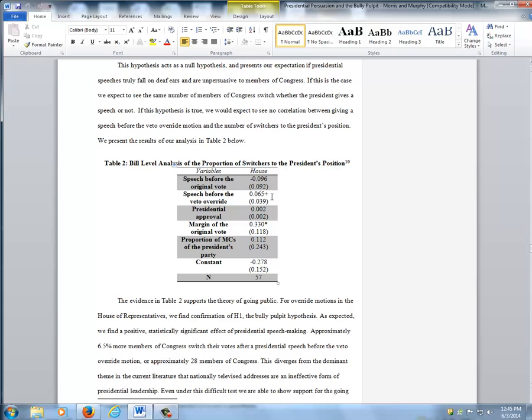So what we're looking for basically is a number on top here that is twice as big as the number on the bottom, the number in parentheses. The coefficient should be twice as big as the standard error. And when I say twice as big, I mean the absolute value. So when this is negative, don't worry about that yet. One thing they'll do typically is put a star or some sort of symbol next to it if it's twice as big.